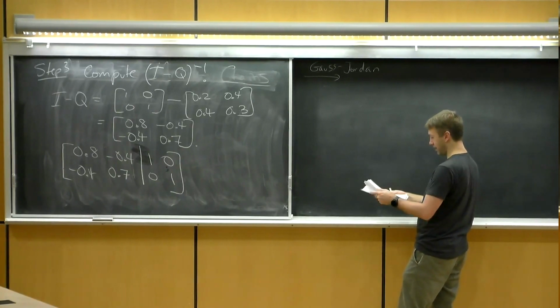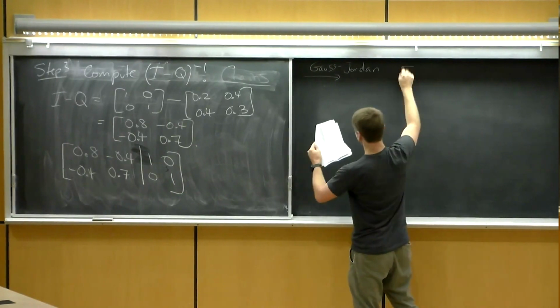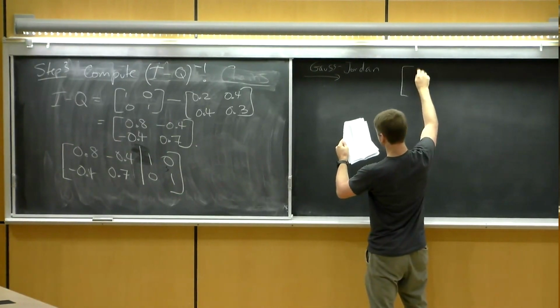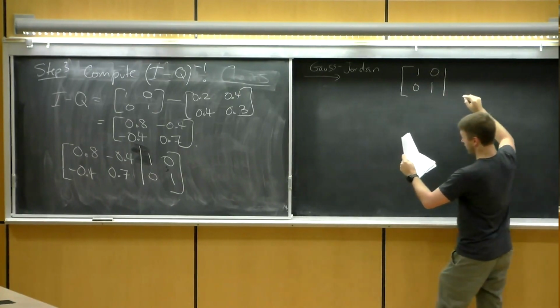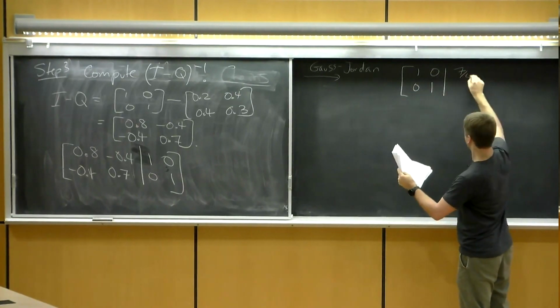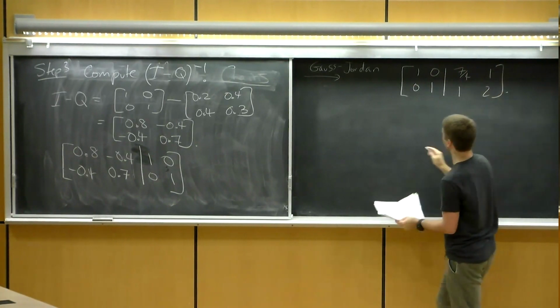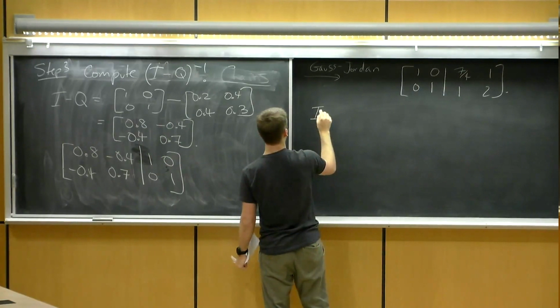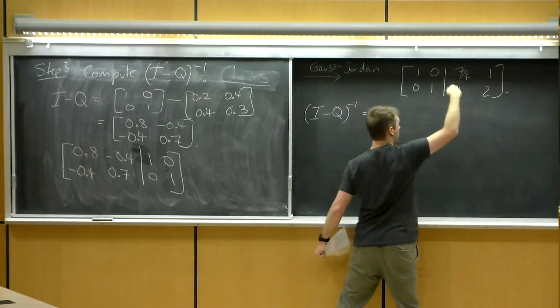And then what you end up with is, the matrix will now look like 1, 0, 0, 1, 7 over 4, 1, 1, 2. Okay, so therefore, I minus Q inverse is the matrix you get over here.